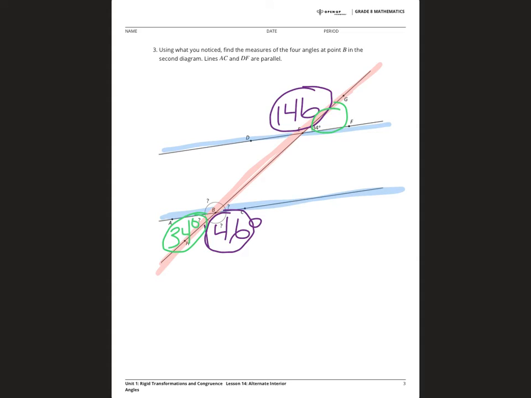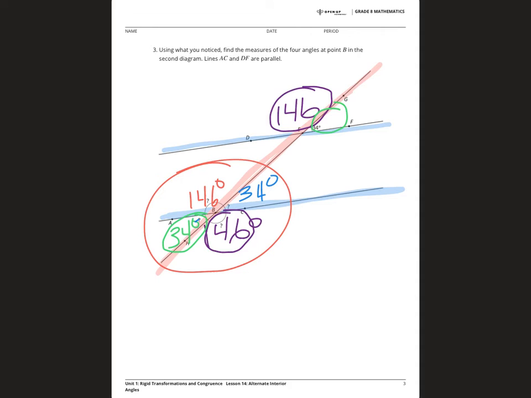Now, we can also find your interior angle because these are vertical. So based on, I can find an alternate exterior angle, and then I can go from there. 34 is vertical to this, so it'll also be 34. 146 is vertical here, so that one will be 146 degrees. And now I have all of the ones that they asked me for.